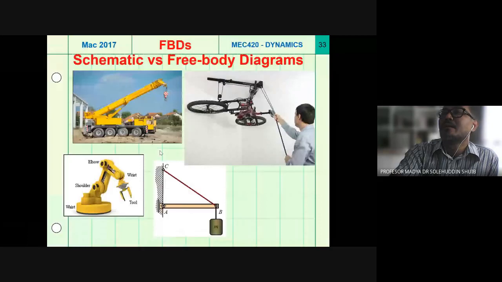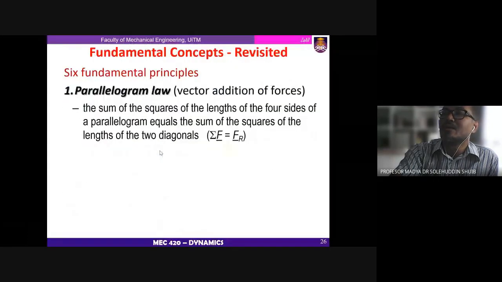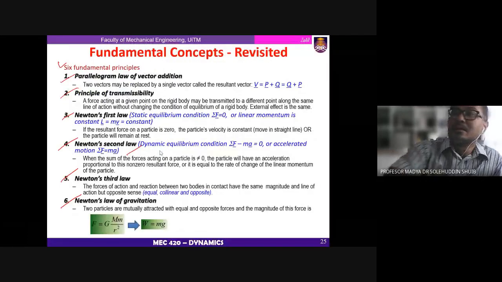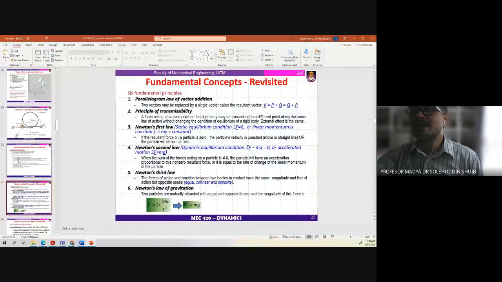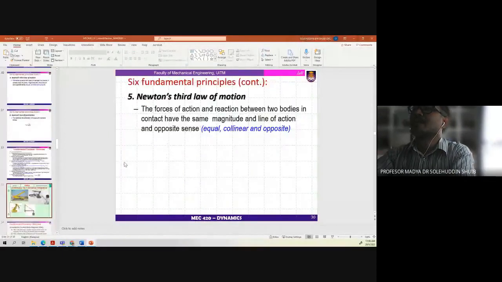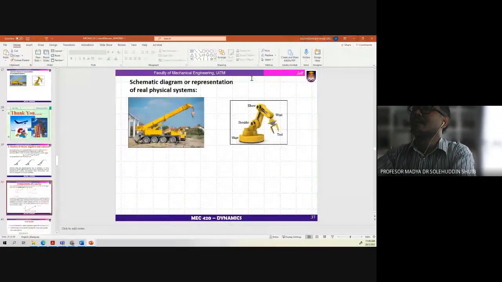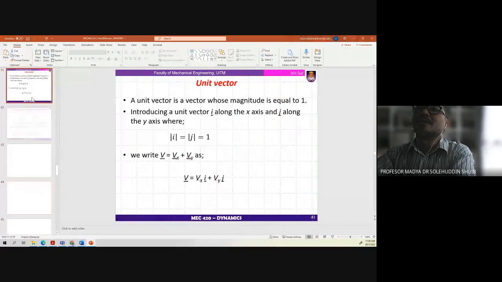Okay, I think this one you can go through on your own. We go straight to vector. Where is vector? Okay, now this one.